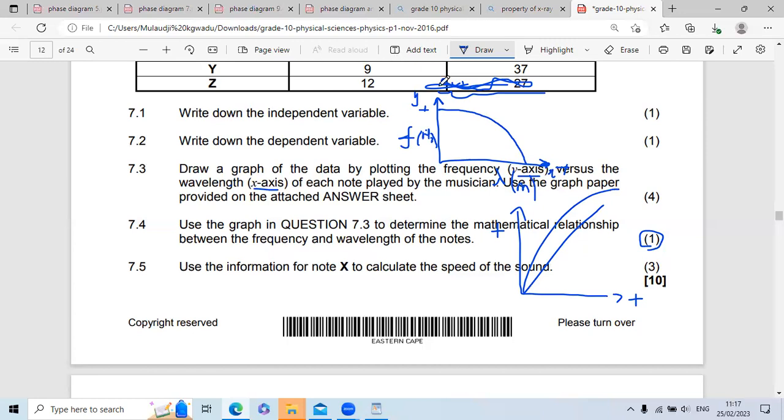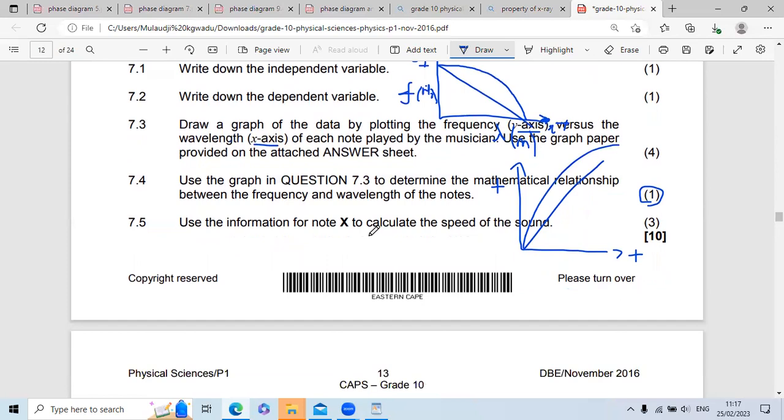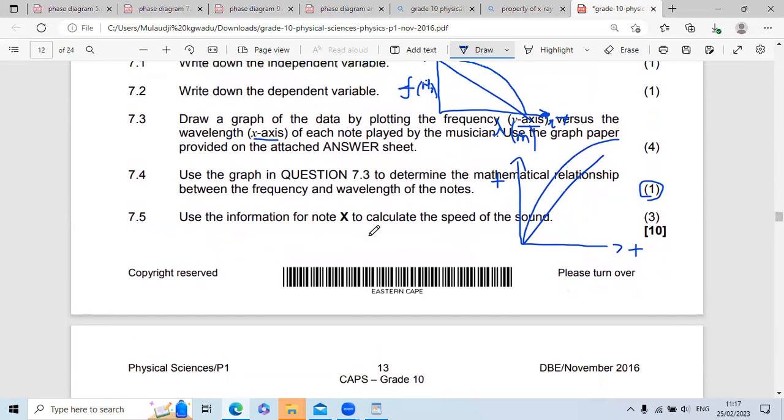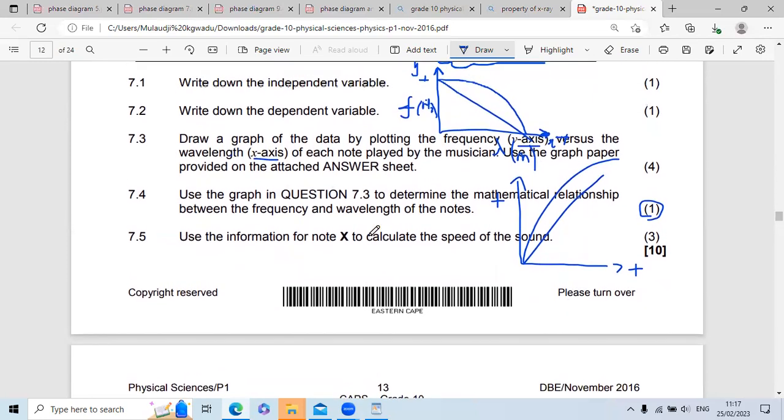But since this graph is going downwards, as the wavelength increases, the frequency goes down. This shows that there's an indirect relationship between the two. So they're indirectly proportional. This is directly proportional. This is indirectly proportional. Do you understand that? Yes. Okay.